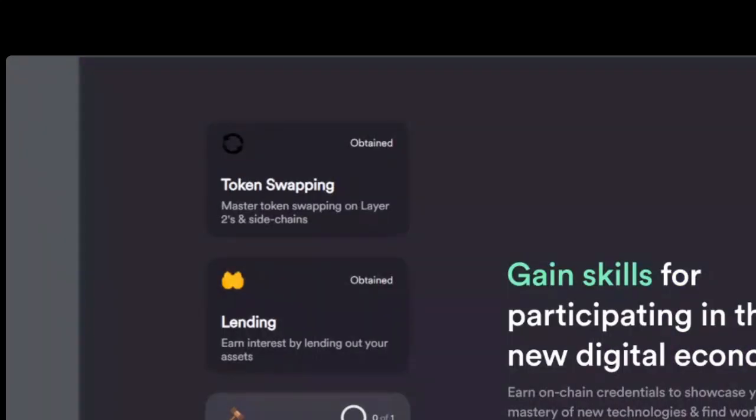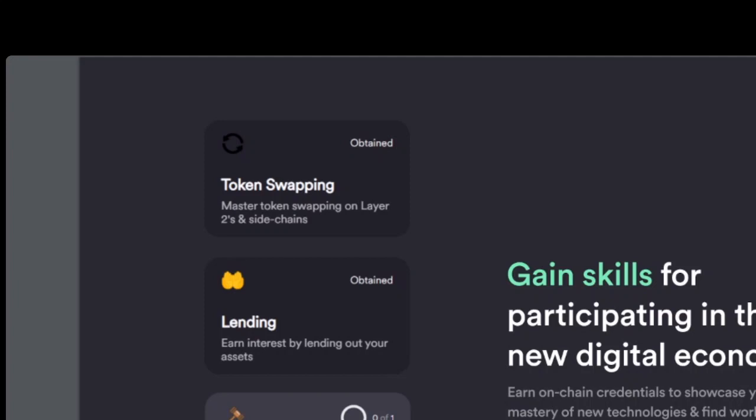So yeah, one of our biggest ways of doing this is actually by gaining skills. Everything you do on chain is trackable. We're trying to find a way to group that into usable skills. And so you can earn these on-chain credentials to showcase your mastery of these new technologies, find opportunities. And crypto networks can actually utilize these skills to target specific user segments.